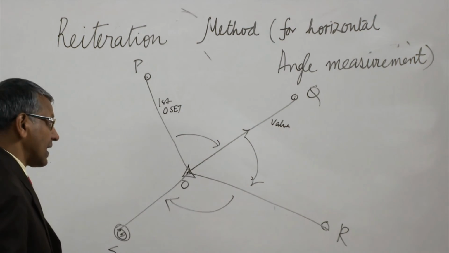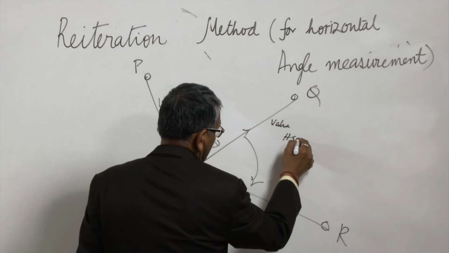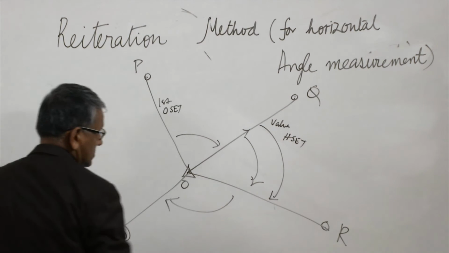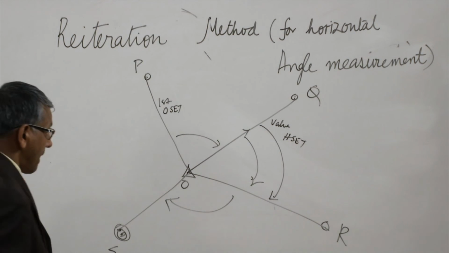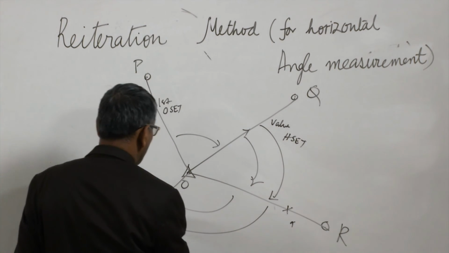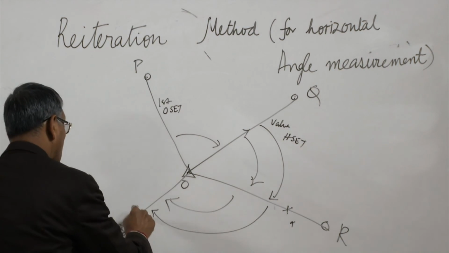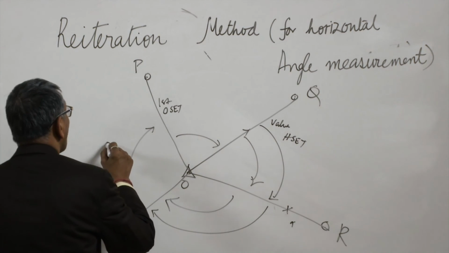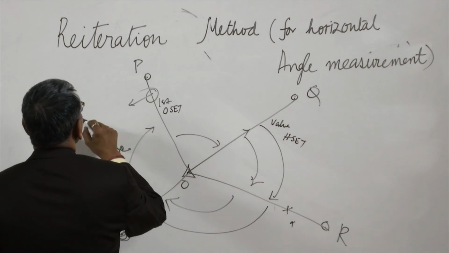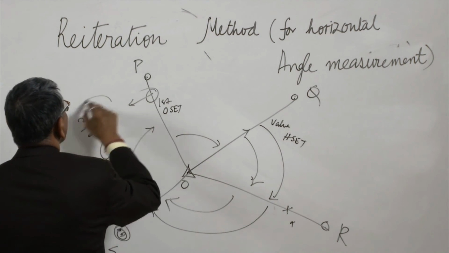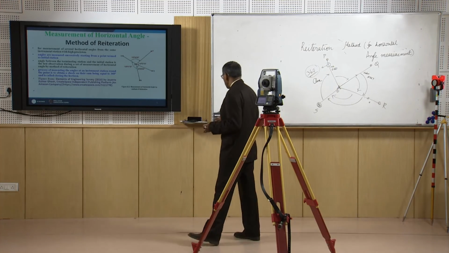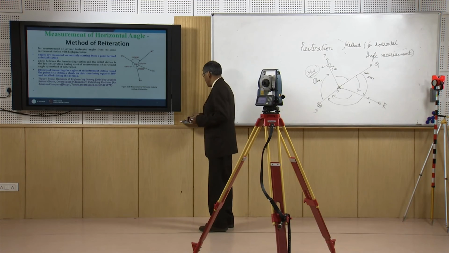That value we can set as H set, and from there we measure the next value, and in that way we go on adding and finally close it. By closing it we must get 360 degrees. So that is a check. That is the method of iteration, another method of measurement of horizontal angle.